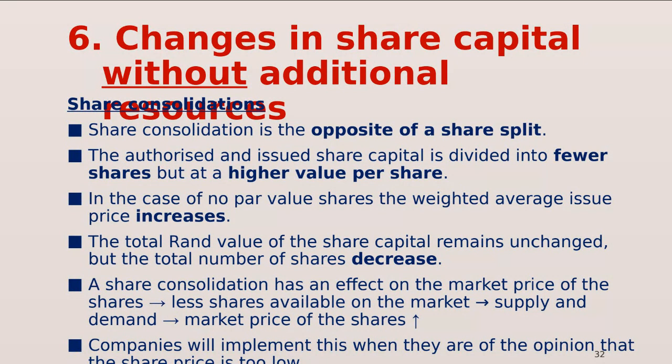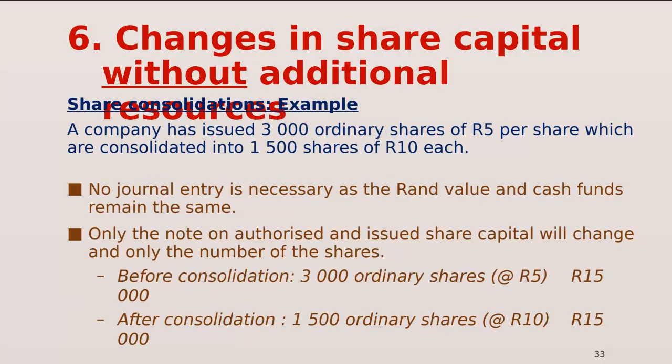Again, I'll repeat it, the ratio does not change, right? We generally do it when we're trying to increase the price of our share. So if you look at this brief example, we had 5,000 shares in issue at 5 Rand, and we had received an amount of 15,000 in the past for these 3,000 shares. But now the share price is too low, so we want to increase it.